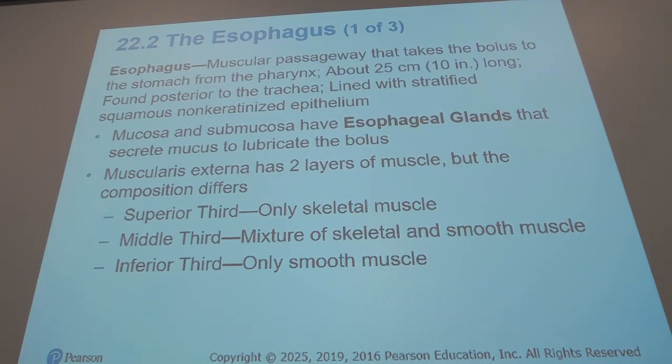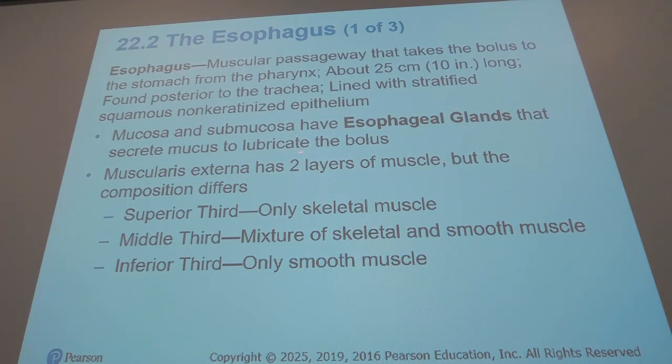The esophagus is a tube that is located in the thoracic cavity that transfers the food into the stomach. It measures around 10 inches in length, is posterior to the trachea, and it is lined by the same epithelium as the oropharynx and laryngopharynx, a stratified squamous epithelium without keratin. That's the most internal layer of your esophagus.